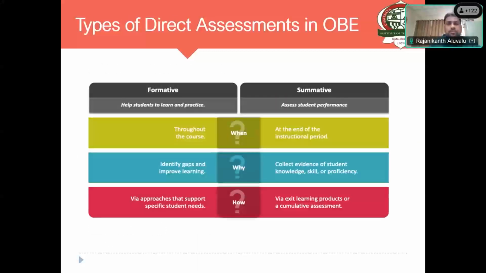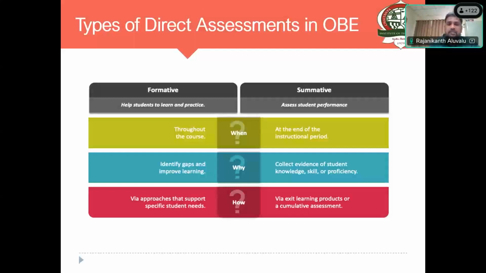So now let's look at how we perform direct assessments in OBE. And mostly I will be concentrating on direct assessments here itself. So when I'm talking about direct assessments in OBE, as already mentioned, the student demonstrates his learning.